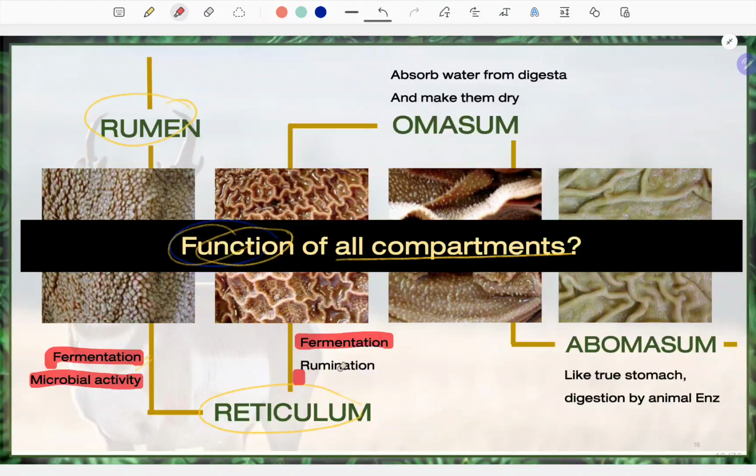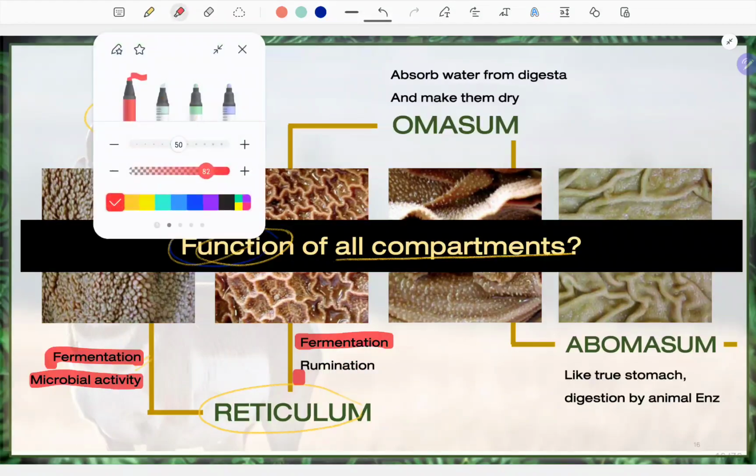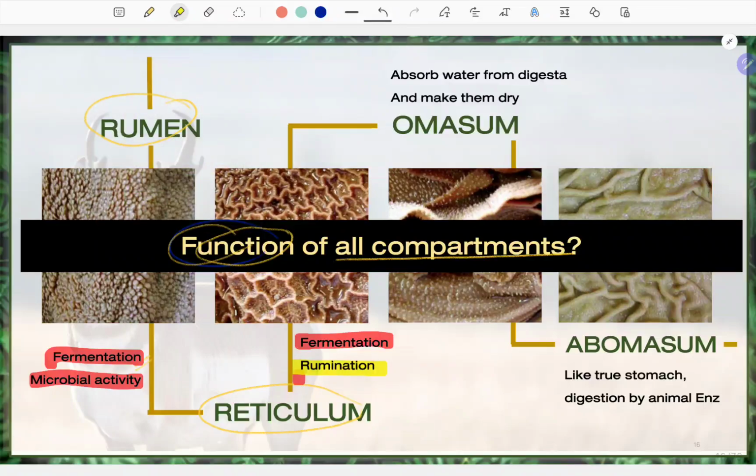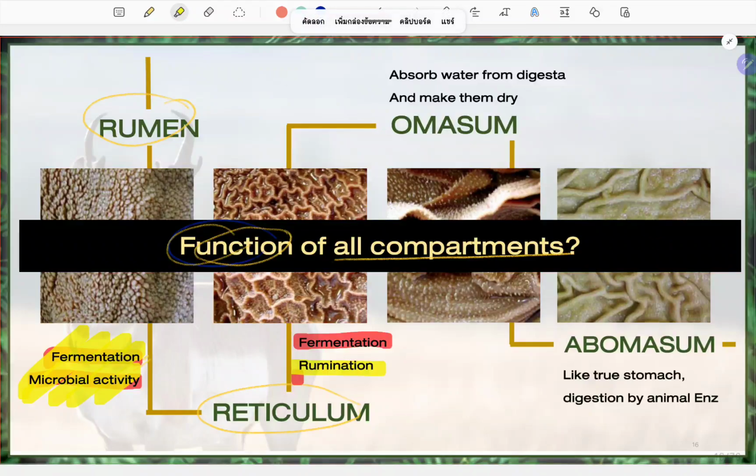Rumination is important, so I changed to a different color. Fermentation by microbe activity also happens at the reticulum, and there is the process of rumination.